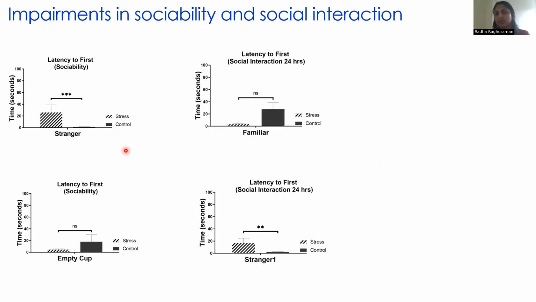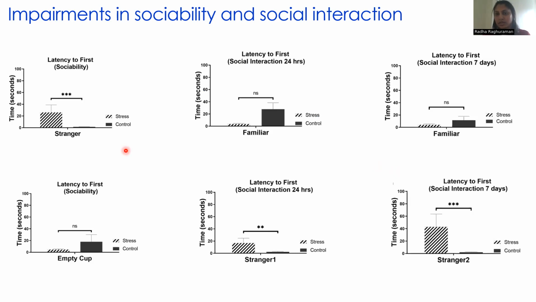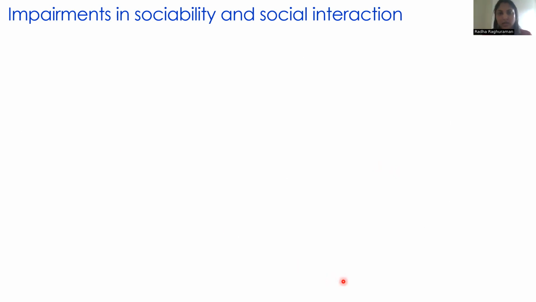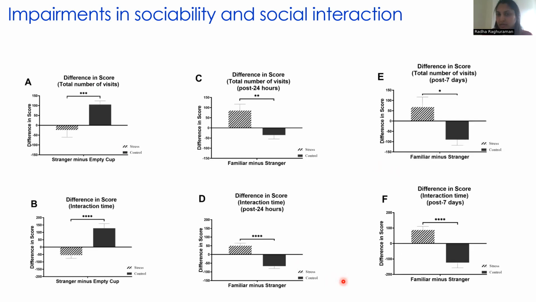The same is seen for post 24 and post 7 days as well. The same is seen in the difference in scores, where there is a higher propensity for the healthy or control rats to want to interact more with the novel candidates, as opposed to the juvenile stressed rats. So we see that they very actively seem to avoid novel interactions.